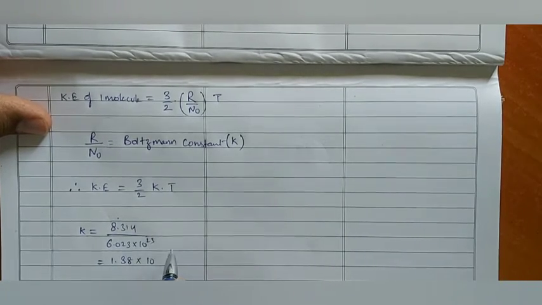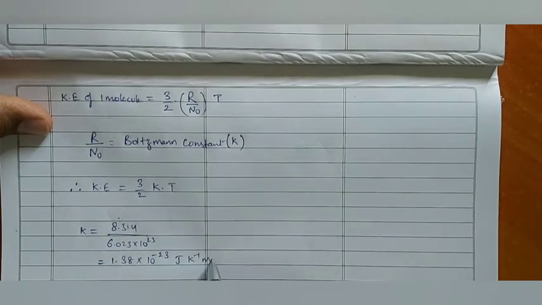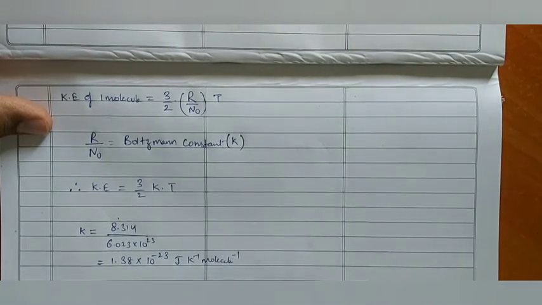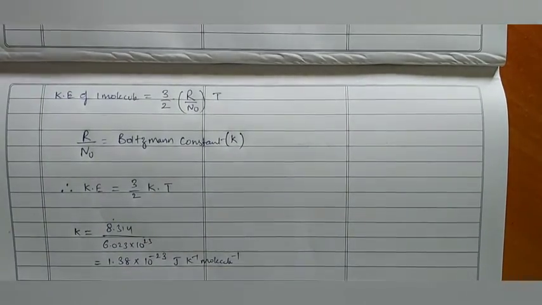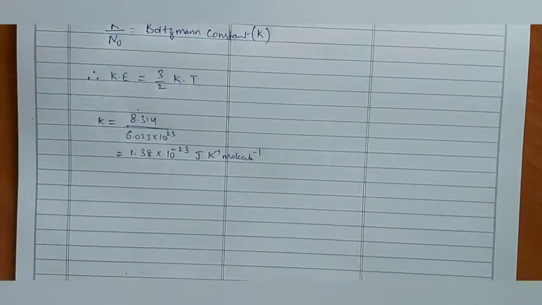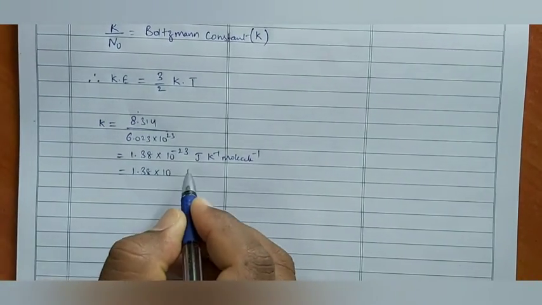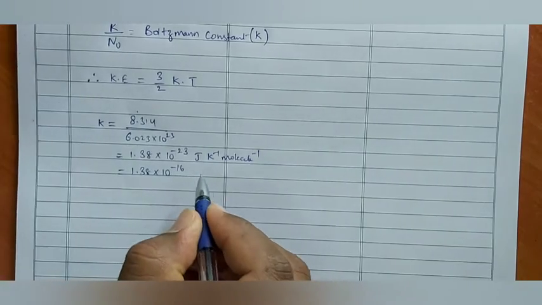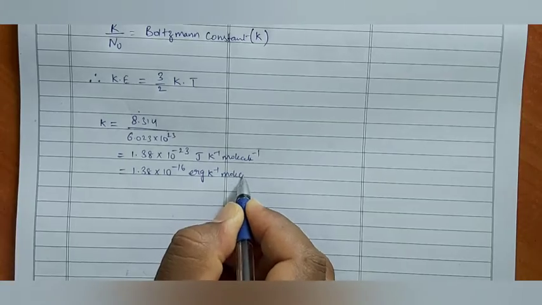If it comes to numerator, it will become 10 power minus 23, units joule per Kelvin per molecule. This is the value of Boltzmann constant K, which is equal to 1.38 into 10 power minus 16 erg per Kelvin per molecule.